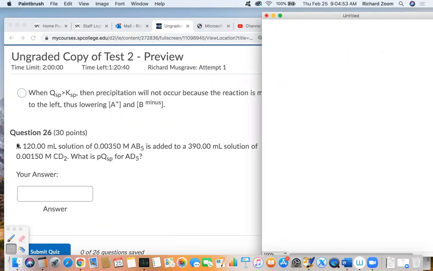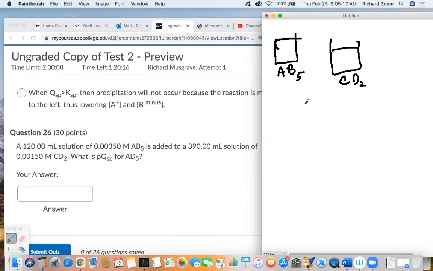So what we need to do is come up with these equations here for how they break apart. So we're going to have AB5, and we're going to have CD2.